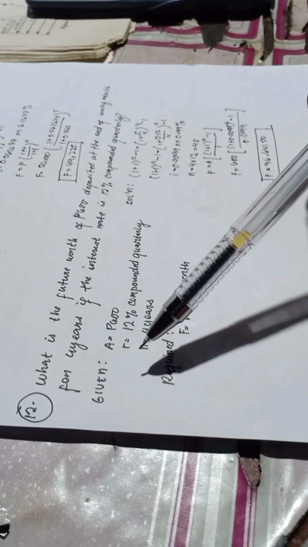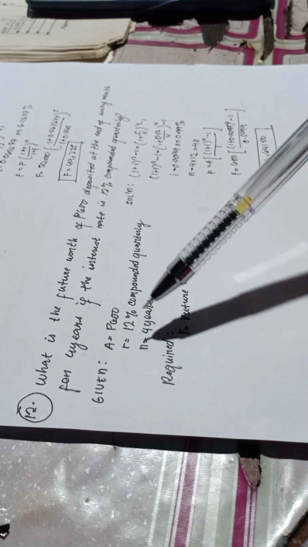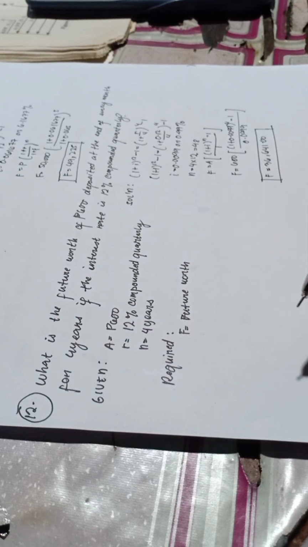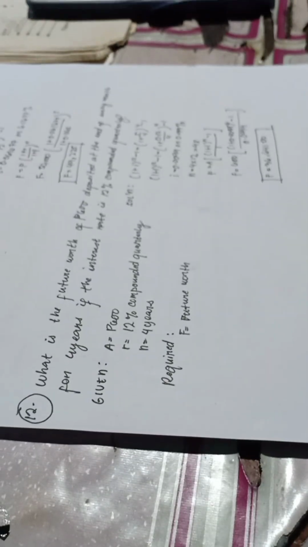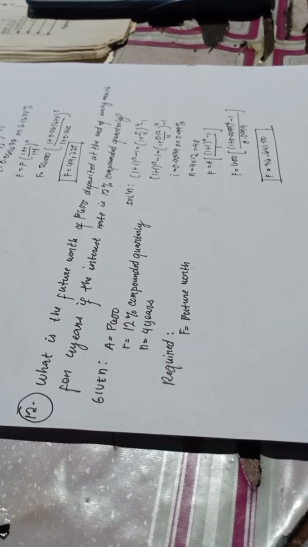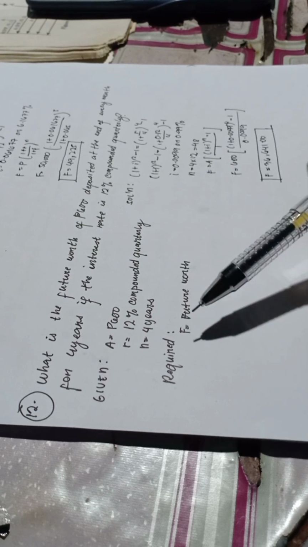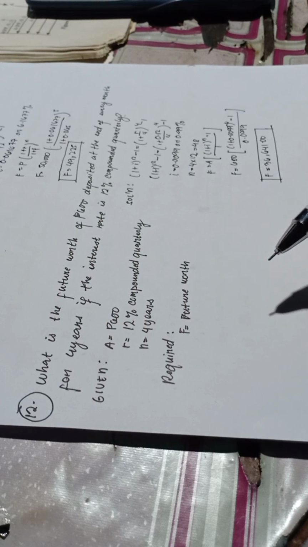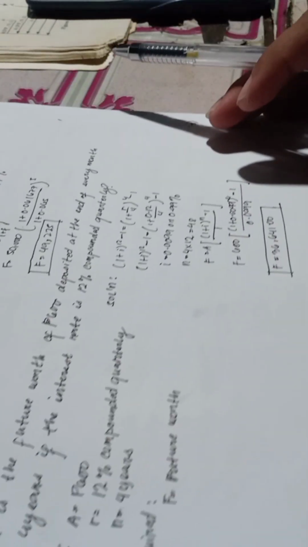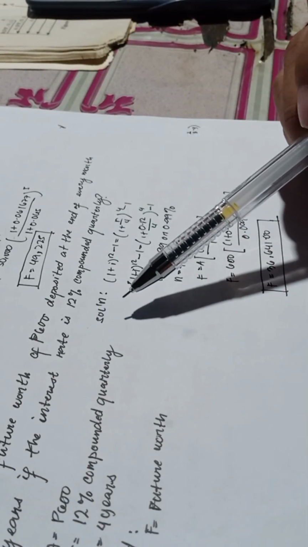So the given A is equal to 600 pesos, and R is equal to 12% compounded quarterly, then N is equal to 4 years. So again, the required is the future worth. So let's take the solution.